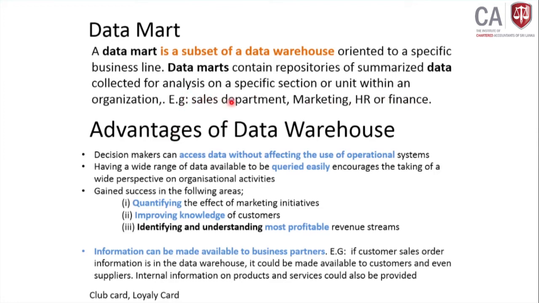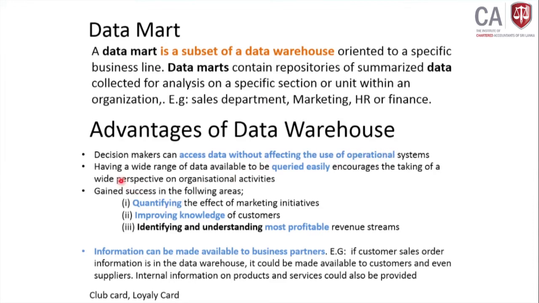In the sales department, they have the data mart which has all the product information about selling of goods to the customers. All that information is available in this data mart. And marketing and HR also have employee data, and finance data. So, all those data marts are available in the data warehouse.